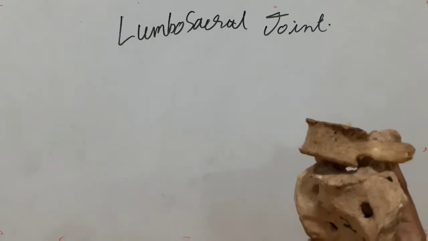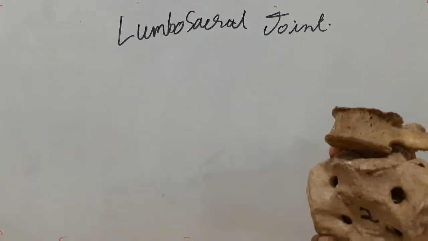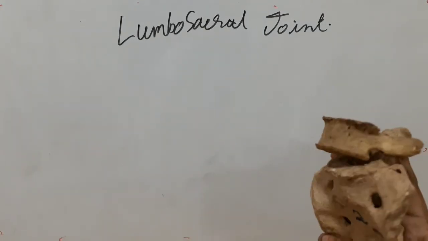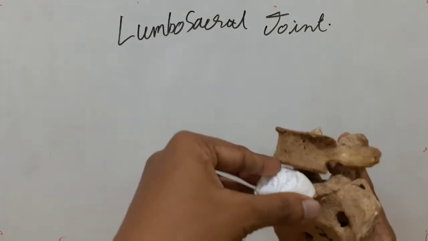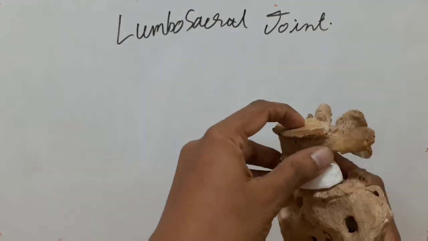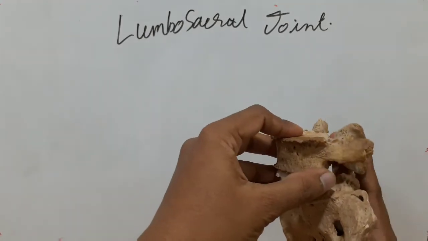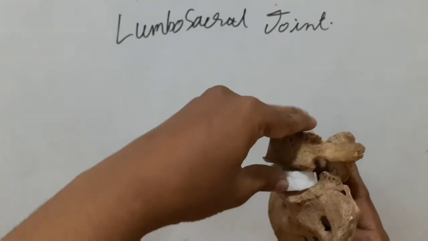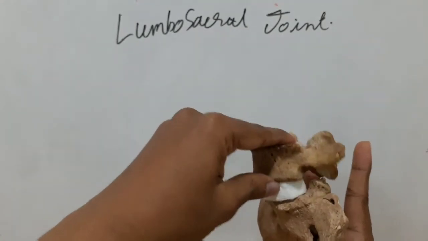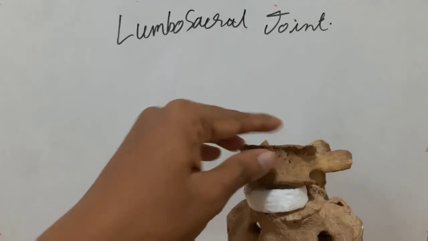This is made up of a disc, and you have facets. Again, the possible movements are flexion, extension, side flexion, and rotation.